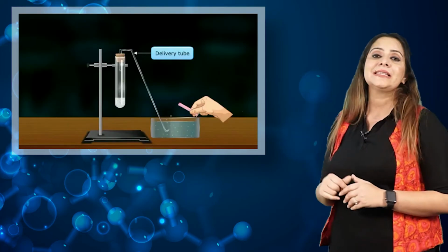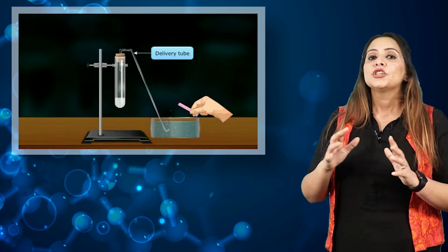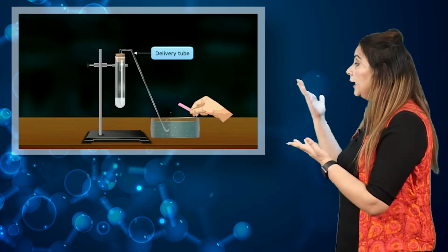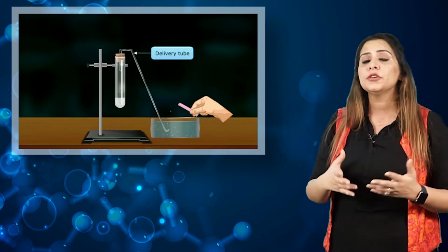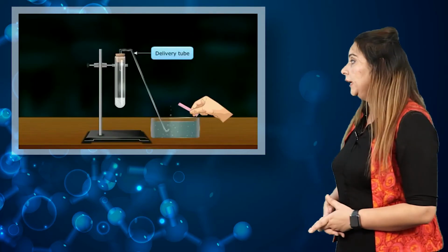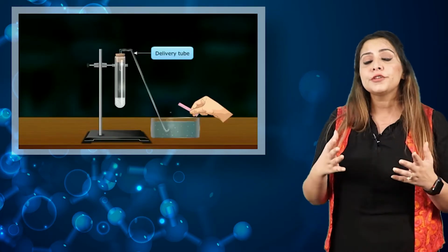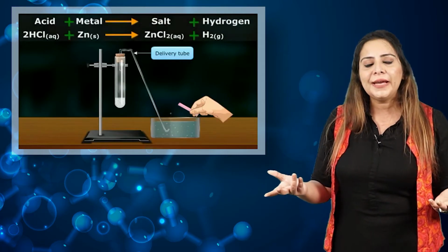So these two things confirm the presence of H2 gas, right? So another question that can be asked depending upon this activity: they may ask you to write the two identification properties of this activity which show the reaction has taken place. So which two properties are you going to write?